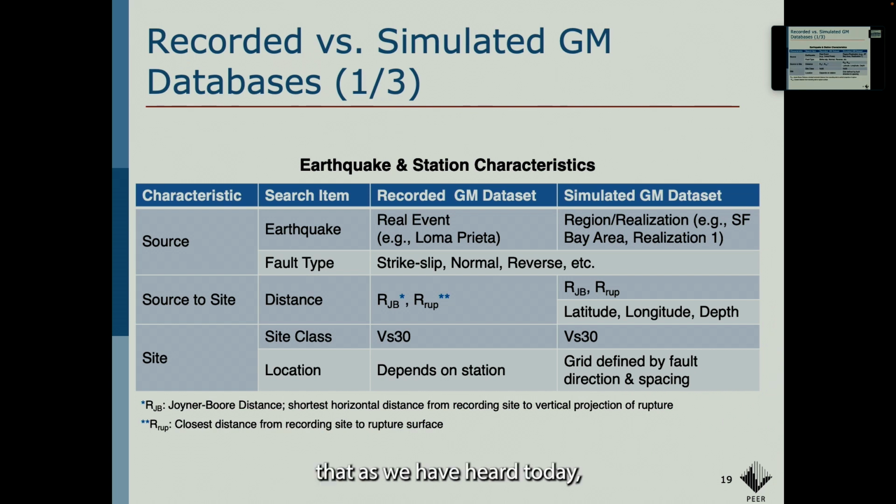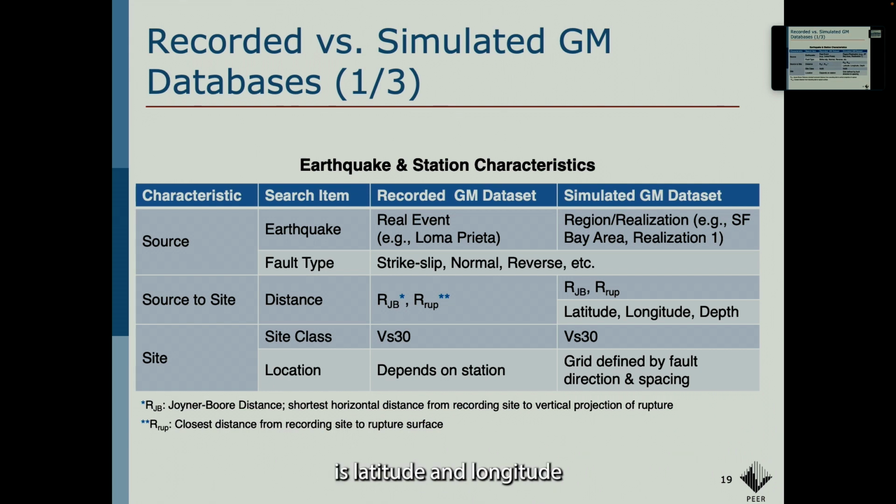As we heard today, this is not an issue in the simulated data set, mainly because at a particular point of interest defined by a latitude and longitude, you may be able to choose motions from multiple realizations.